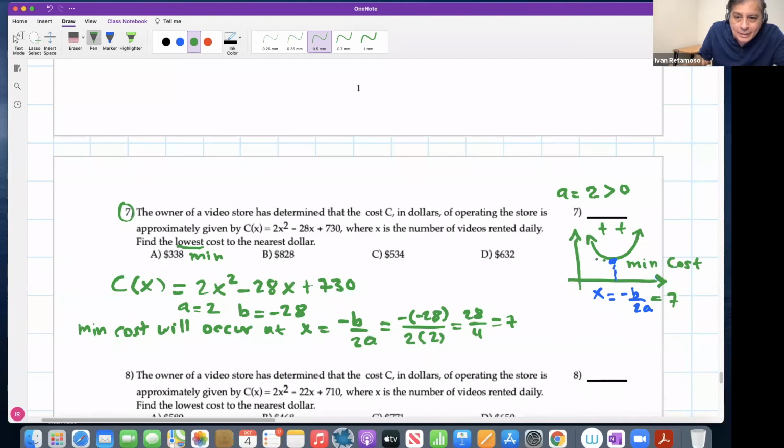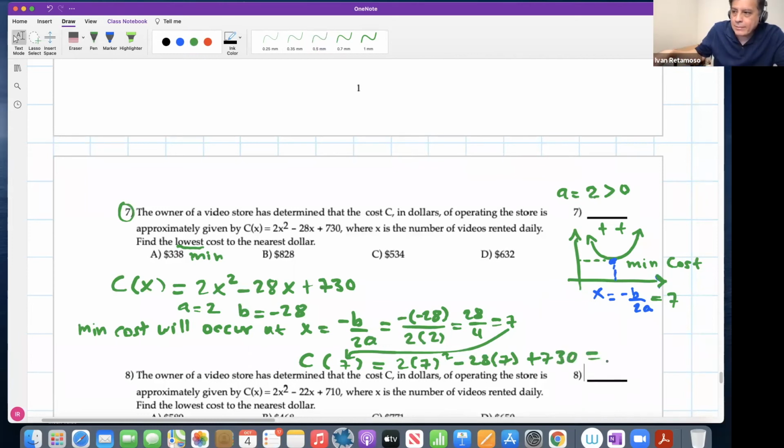But now they're asking us for the actual minimum cost, right? Which is just the output value associated with this input value 7, right? So we plug into our cost function 7, and we're gonna do this, right? 2 times 7 squared minus 28 times 7 plus 730, right? Let's use our calculator, guys.